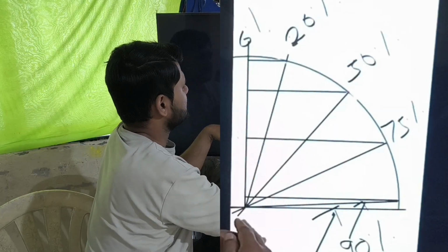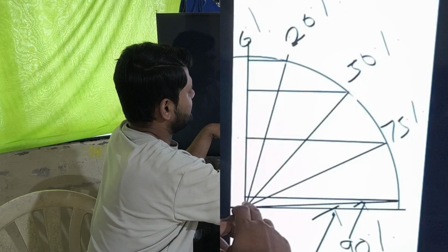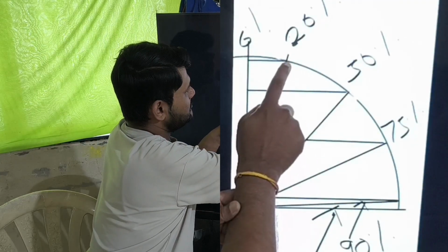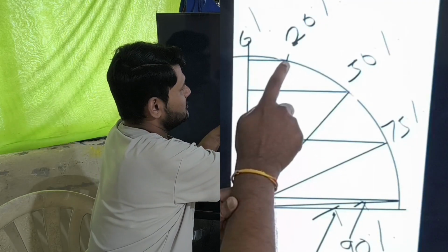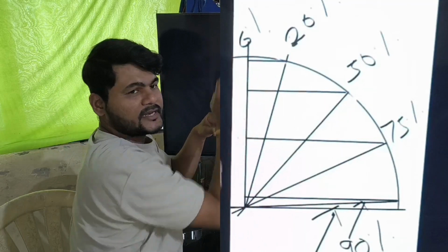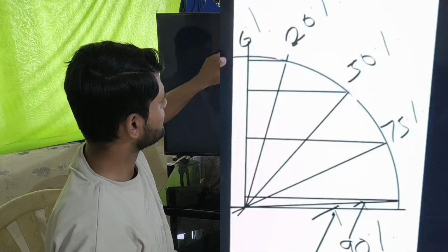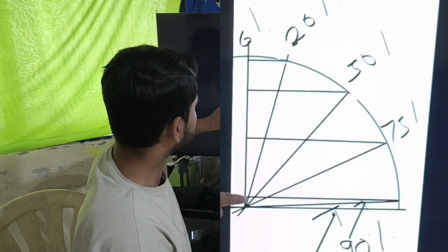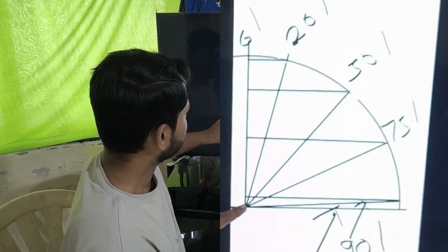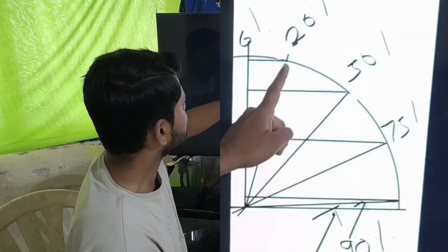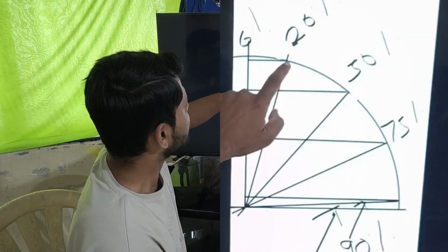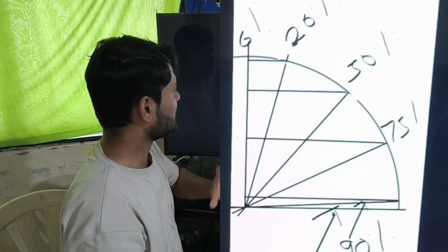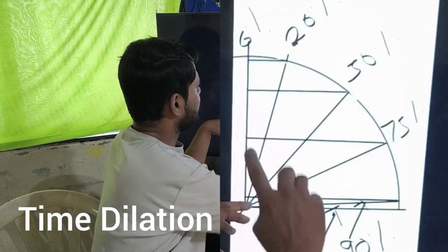Now you can notice that where this line of 20% of the speed of light is intersecting the circle, when we draw a perpendicular from this point of intersection to the time flow axis, then we can see that compared to when you are at rest, when you are traveling at 20% of the speed of light, you are taking less than 1 second. That means time dilation happened here.